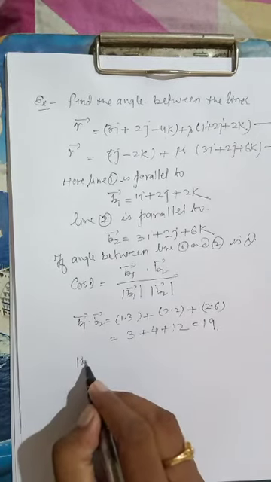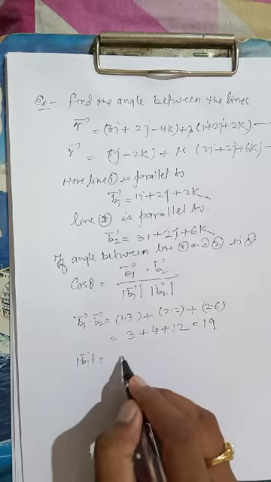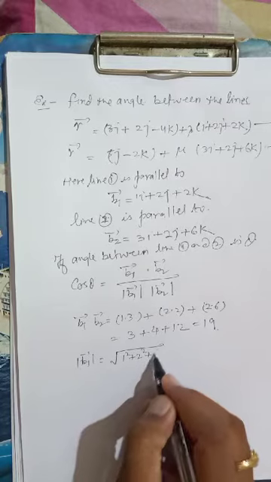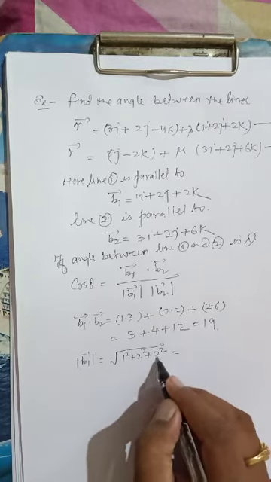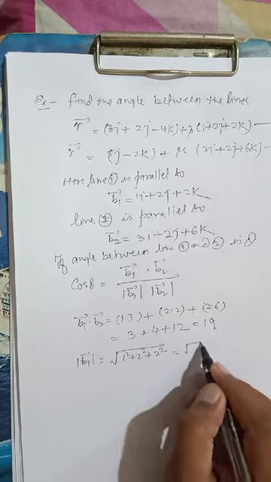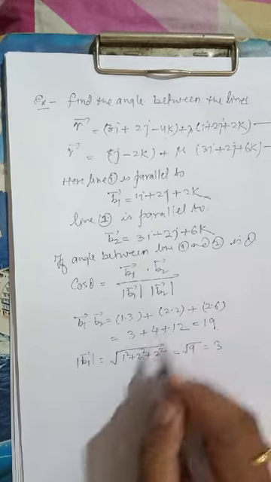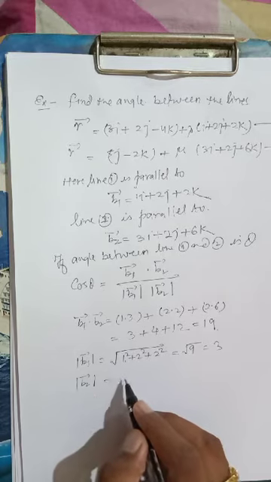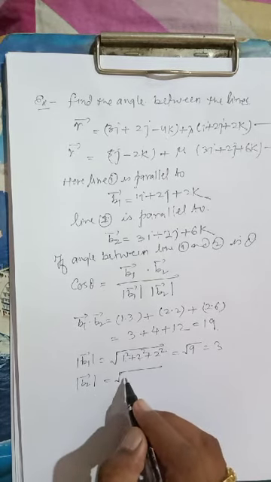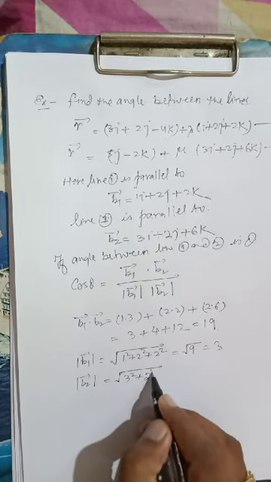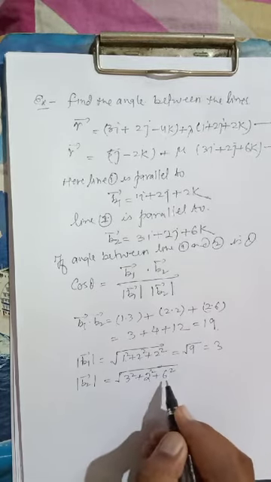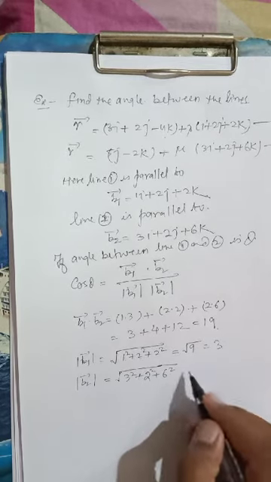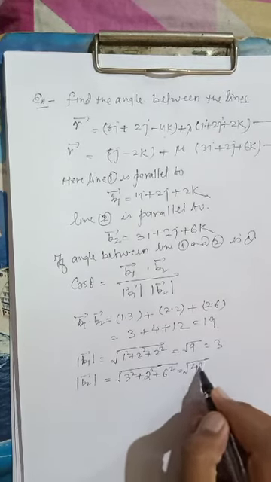Also modulus of b1 vector is equal to under root 1 square plus 2 square plus 2 square, which is 1 plus 4 plus 4, 9, under root 9, and this is 3. Also modulus of b2 vector is equal to under root 3 square plus 2 square plus 6 square, which is 9 plus 4 plus 36, 49, under root 49, and its value is 7.